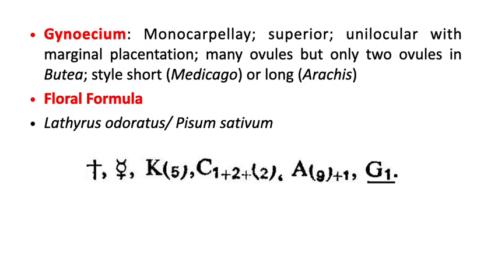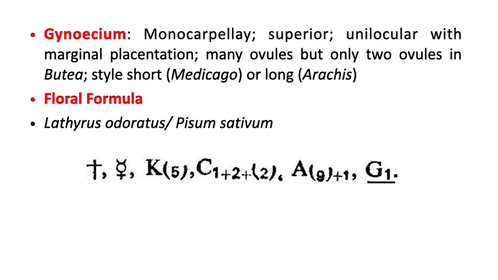The floral formula of Lathyrus odoratus or Pisum sativum is: the first symbol shows zygomorphic, the second is bisexual. K5 within brackets means five sepals which are fused together, the gamosepalous condition.